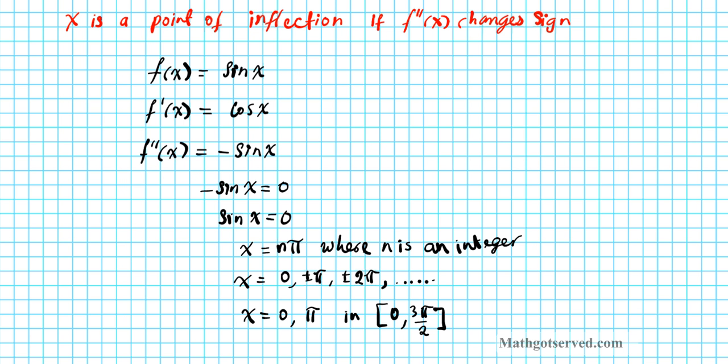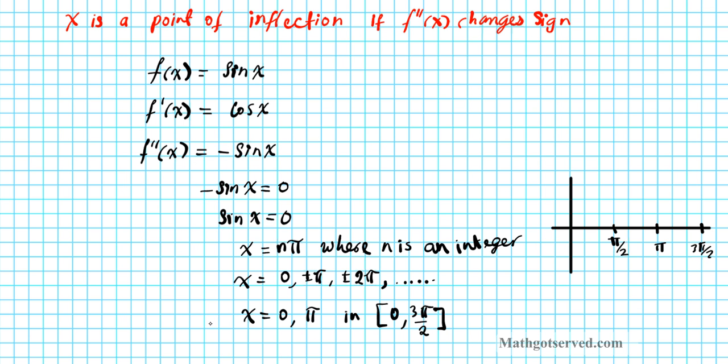Okay, so just to give you a visual, this is a graph of the second derivative, going from 0 to 3 pi over 2. Let's call this pi over 2, this pi, and right here 3 pi over 2. Let's graph the second derivative to be precise.